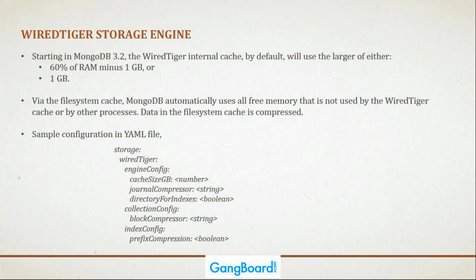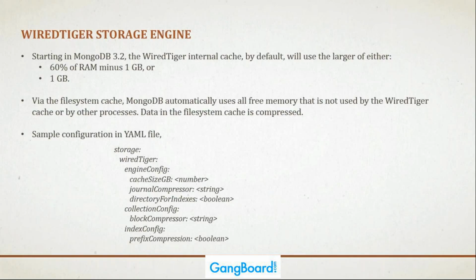Minimum it is 1 GB, or else 60% of the RAM. As I said, the WiredTiger internal cache uses 60% of RAM minus 1 GB, so the remaining RAM memory will be used for the file system cache.